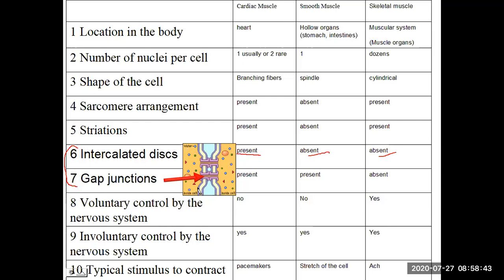In this case, it not only bonds the cells together, but there's also this direct ion channel between the cells. And that's truly its purpose, is an ion channel. So this is also present in cardiac muscle tissue, as well as we notice here, smooth muscle. However, skeletal muscle lacks the gap junction ion channel.